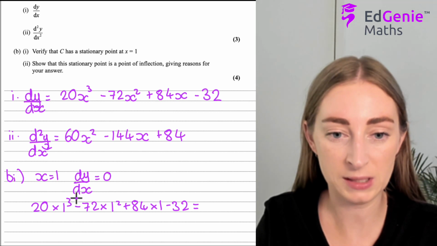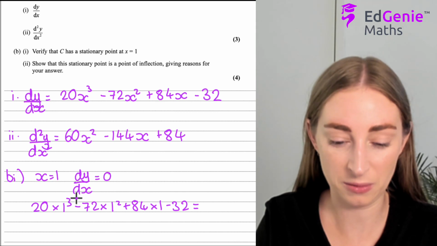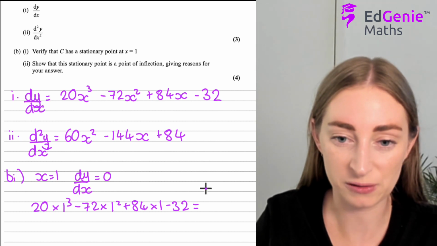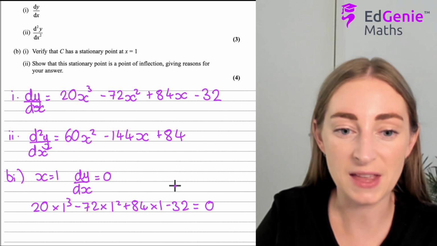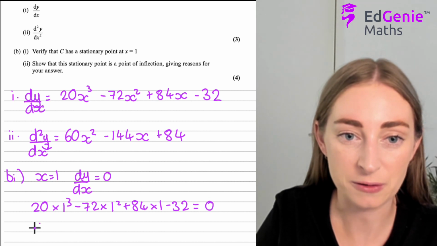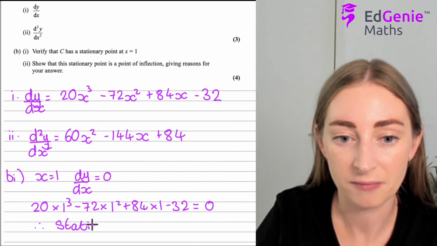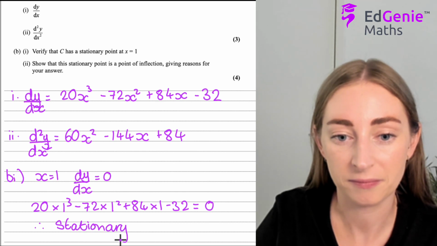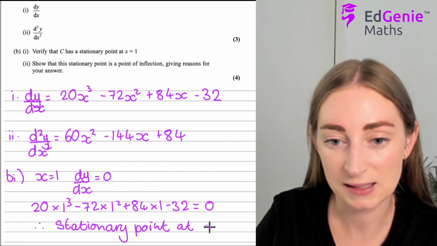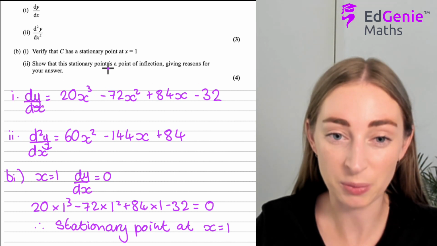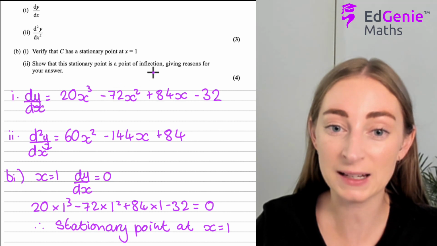I'm just going to put 20 minus 72 plus 84 minus 32, and I've got 0. So then I can say, therefore, stationary point at x equals 1. Show that this stationary point is a point of inflection.